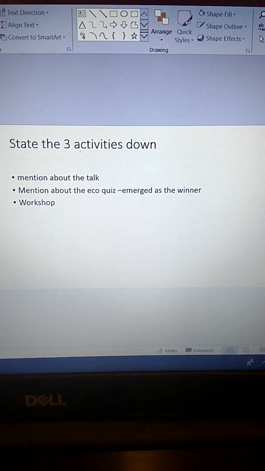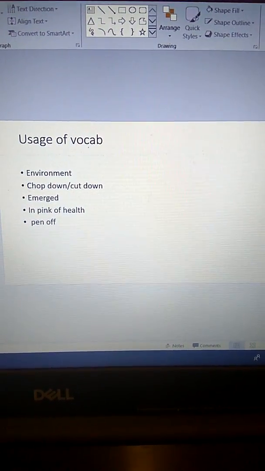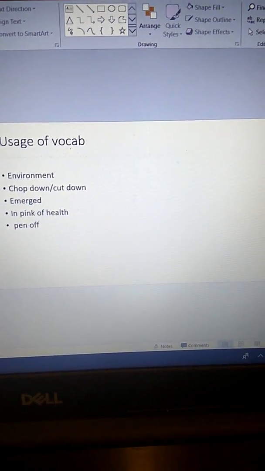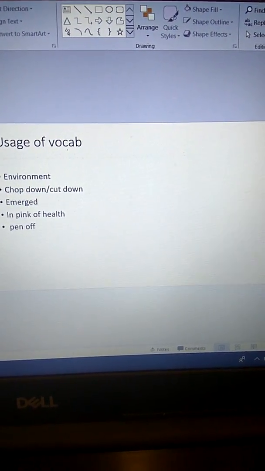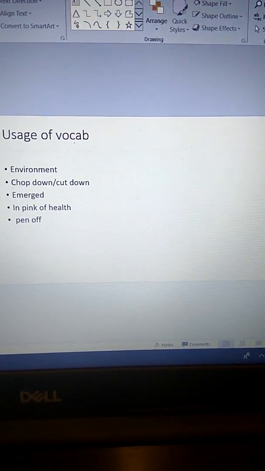So what are the vocabularies that you can use over here? There's a set of vocabularies you can use. You can use the word environment, and the words chop down or cut down. Cut down is a phrasal verb which will gain you marks over here. You can use the word emerge, which I've mentioned just now.